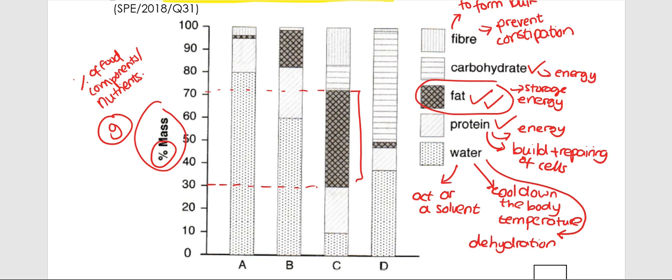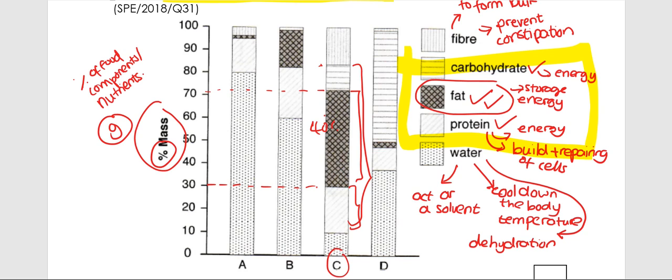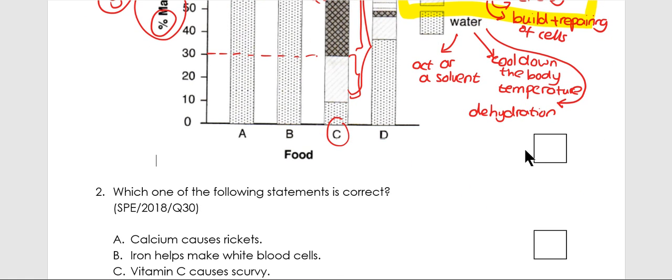It's about 48% of food C that contains fat, and it also contains carbohydrate. So this part right here and also here contains protein. So most of it, compared to the rest, contains all these energy foods that provide energy. So the answer for this question is C.